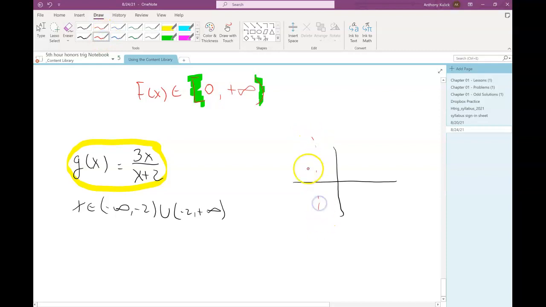So something like that, right? And then you're going to have hyperbolas that are kitty corner from each other, either like this, or they might look like this.